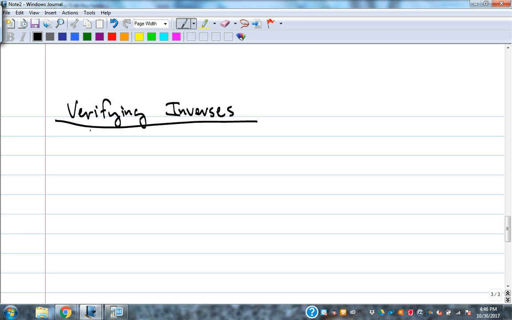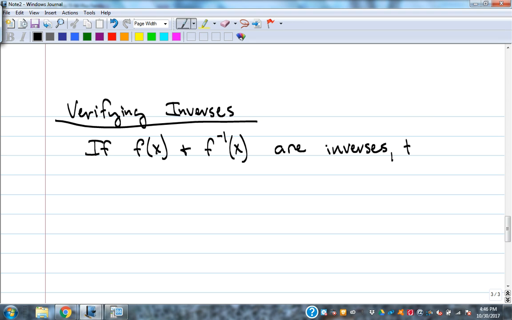When you're verifying inverses, here's the statement that does all this. If f of x and f inverse of x are inverses, by that notation we're saying they are, then you can verify that by doing function composition.